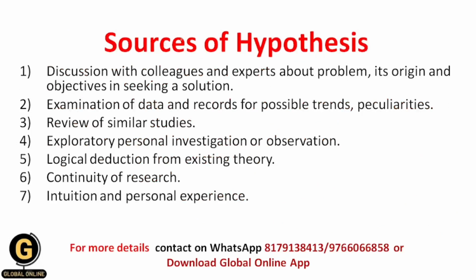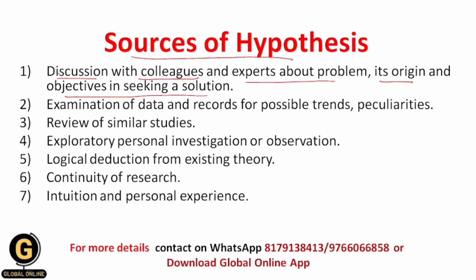Now students, let us see the different sources of a hypothesis. From which sources can we define our hypothesis? First is discussion with colleagues and experts about the problem, its origin and objectives in seeking a solution. Whenever we discuss with our colleagues and experts about a problem, we learn what the origin of that problem is, what the different objectives are, and in what way we can find the solution to our problem.